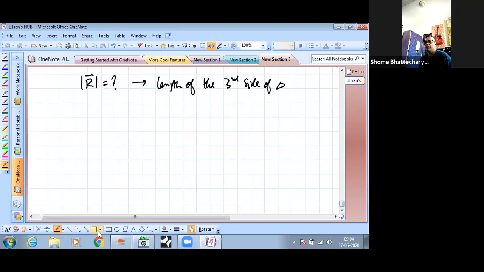So let's see how we'll calculate the length of that third side. So let's draw that triangle once more. Let's try to understand how we can construct this.